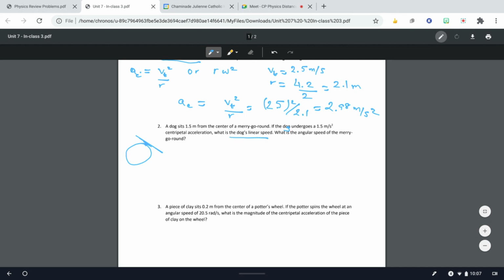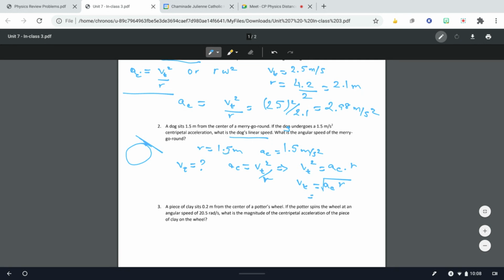So it's asking for two things. Well, you've got r is 1.5 meters, and you've got a centripetal acceleration of 1.5 meters per second squared, right? The first part is asking you, what is Vt equal to? So, again, looking at this formula right here, AC is equal to Vt squared divided by r, and then this can be transformed into Vt squared is equal to AC multiplied by r, or Vt is equal to the radical of AC times r.